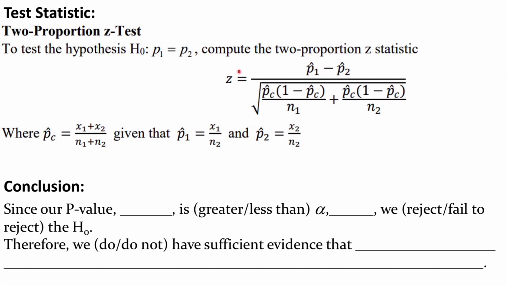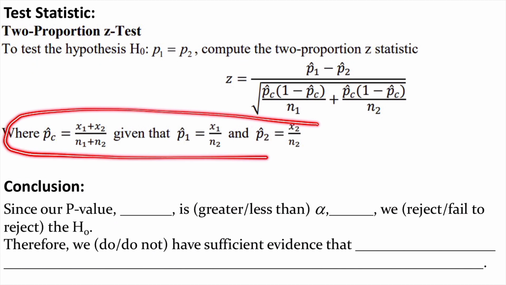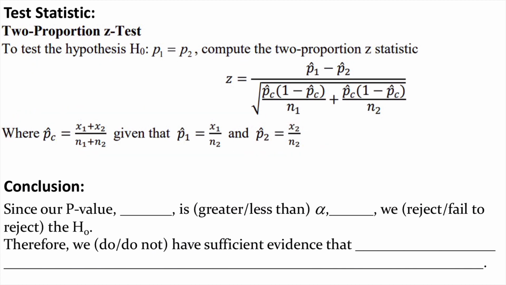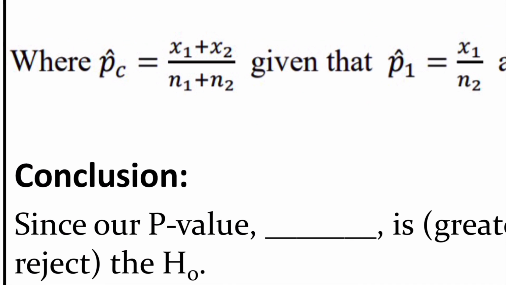Okay, and you know it's always Z. Okay, this is the pooling part. So you can kind of understand what pooling is. I'm going to explain when we get to the actual question why we pool, but this is how we do it. So you see all these p hat C's, all of these are going to be calculated by doing this.